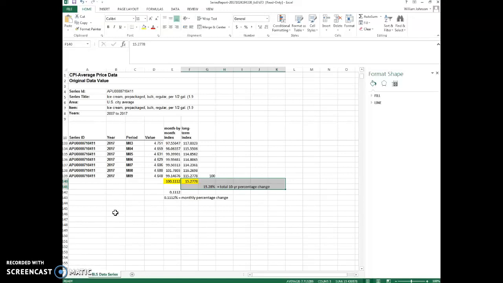Maybe, has my salary gone up 15%? Has other things, I'm talking about ice cream, what if we talk about, say, meat prices or produce or maybe gas prices? It's gone up 15% in 10 years. So this percentage change helps us compare it to other values over 10 years. This one, sometimes it's useful. In this case, it really is not telling me anything.